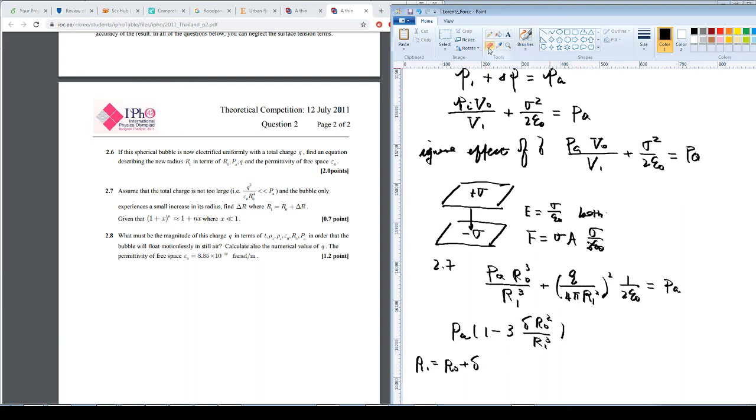No, that's just delta over R naught. And over here, there's no R naught term, but we still have R naught from the R1 squared. So 1 minus 4 times delta over R naught equals PA.